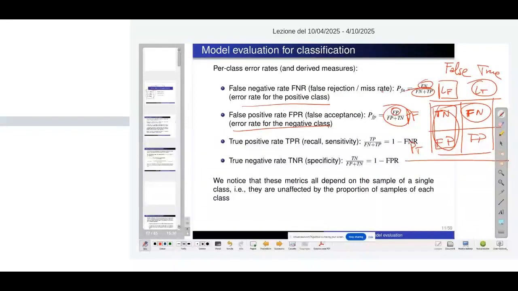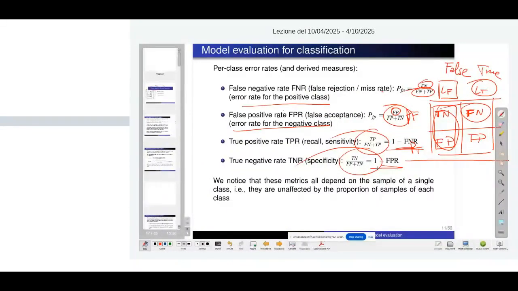Of course, if I have a multi-class problem, I can extend this to all the classes. For each class, I can compute the corresponding error rate. Then you may have seen in other courses what are called true positive rate and true negative rate, which are nothing else than the false negative and false positive rates inverted.